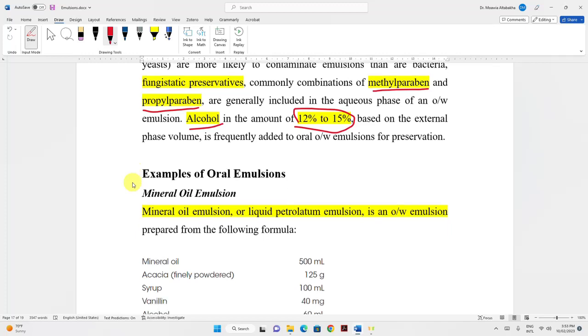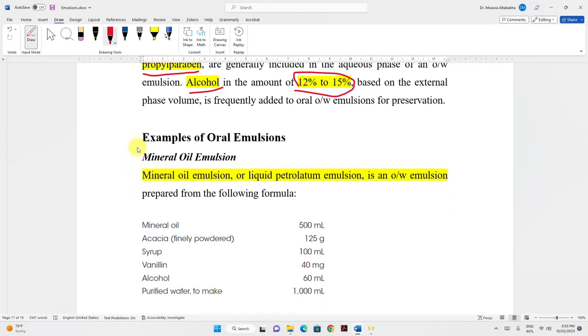The last thing I will talk about is examples of emulsions. One official example, official meaning it is available in the pharmacopoeia or official books, is mineral oil. Remember, this is the liquid paraffin. Mineral oil emulsion. If you remember, we said that it will be more effective and palatable, so patients can take it.